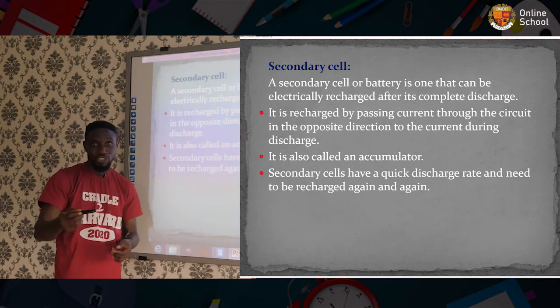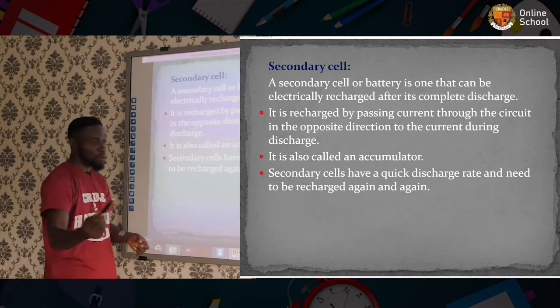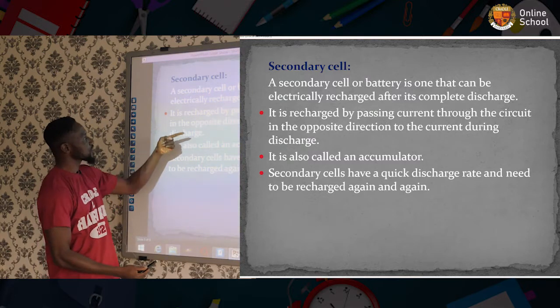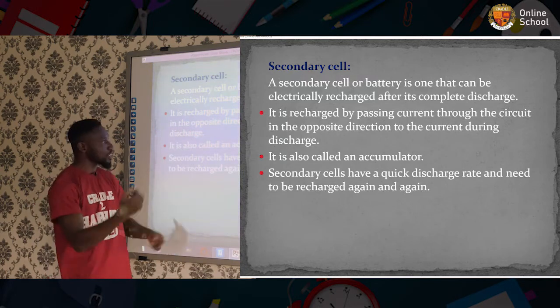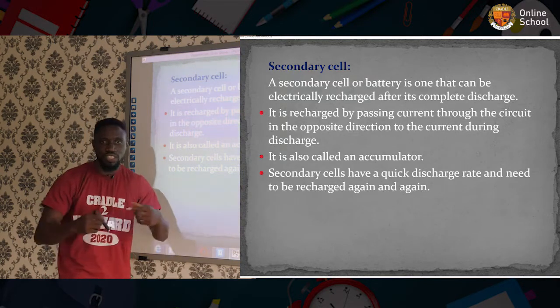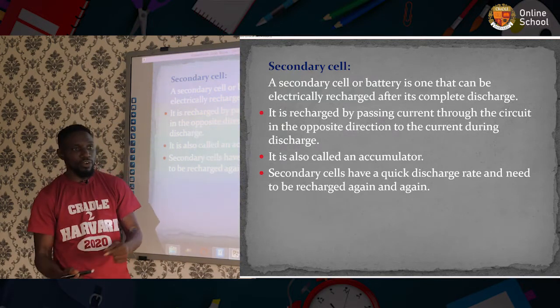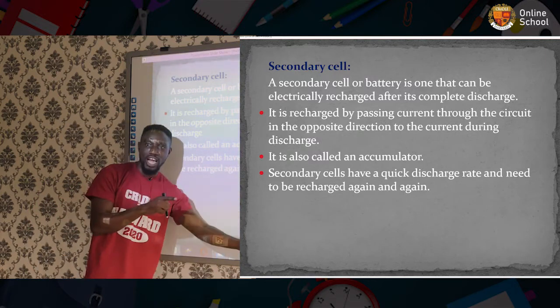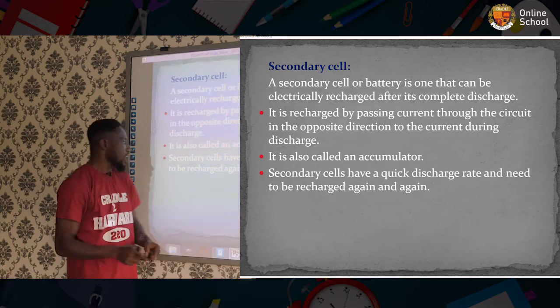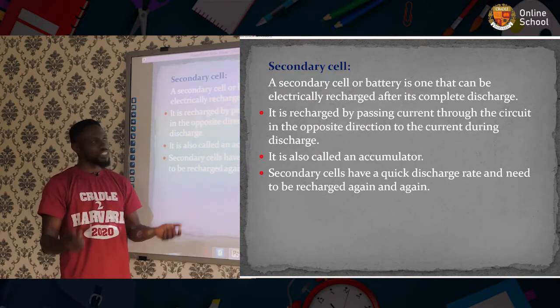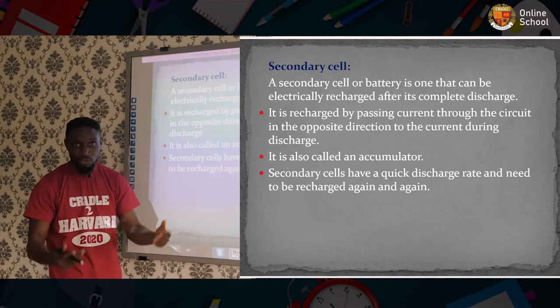I believe as I'm saying this, an example will be coming into your mind. It is recharged by passing current through the circuit in the opposite direction to the current during discharge. That is to say, if current is flowing from A to B during discharge, you recharge it from B to A. A typical example of a secondary cell is your phone battery that you recharge all the time.